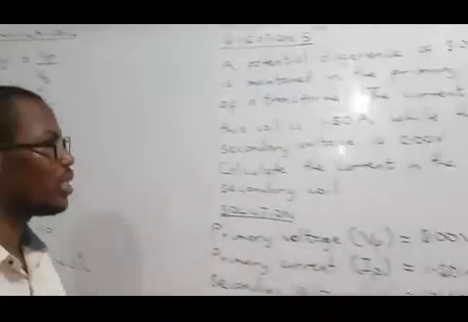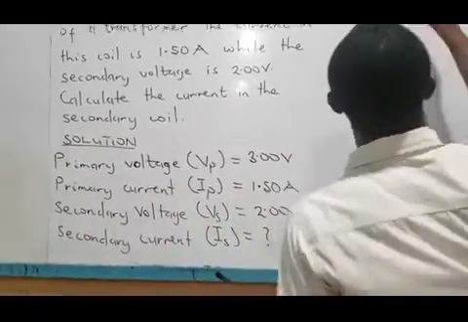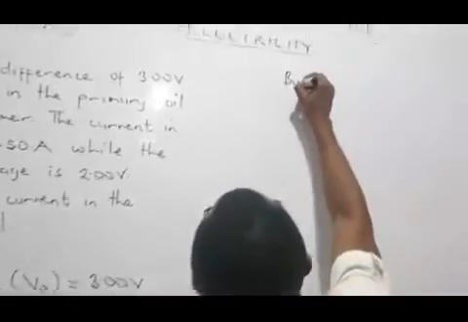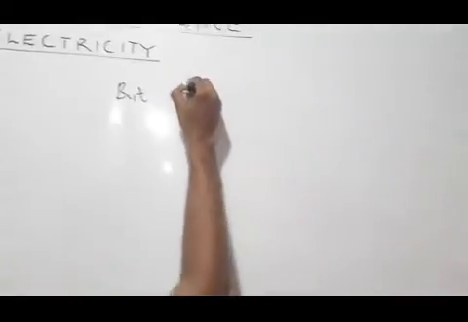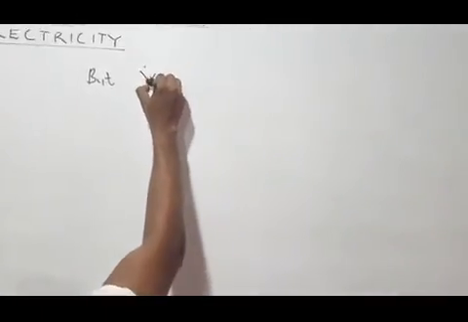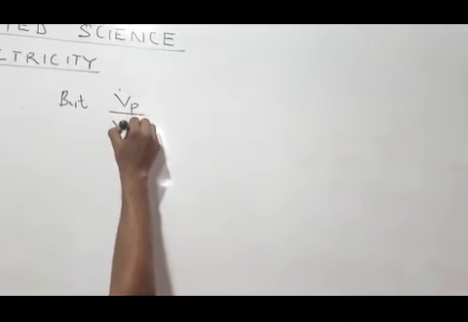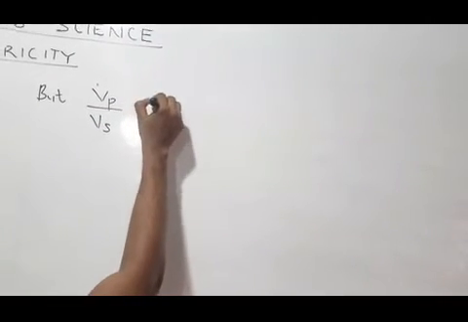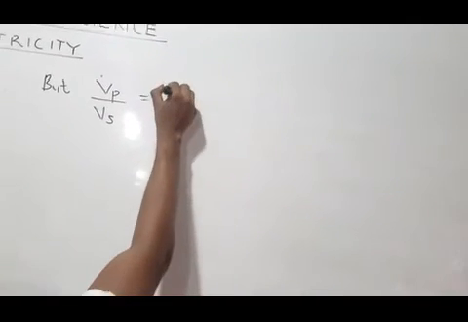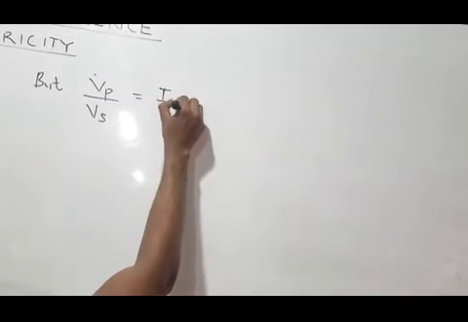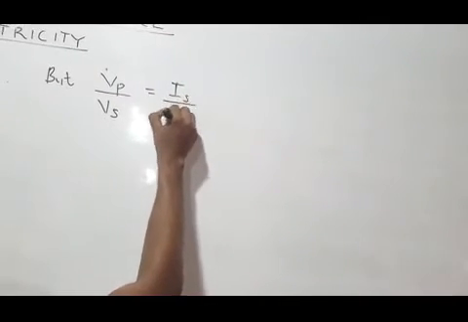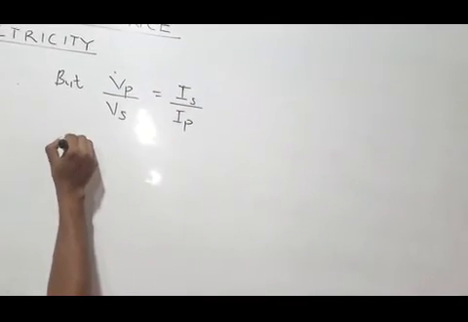So using equation 3, we have Vp over Vs to be equal to Is over Ip.